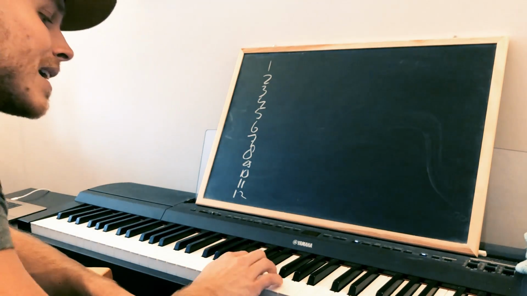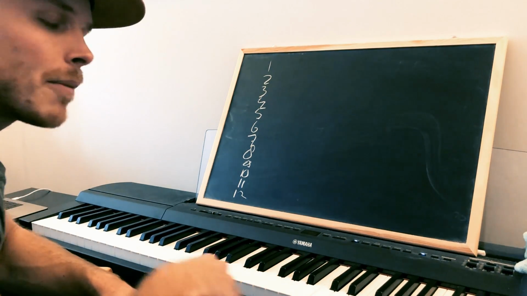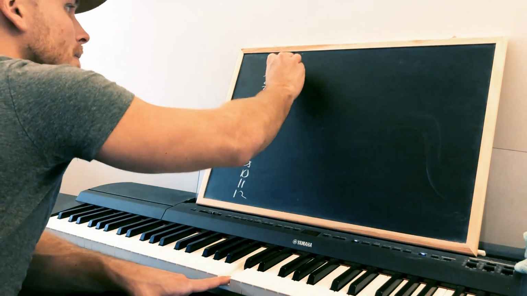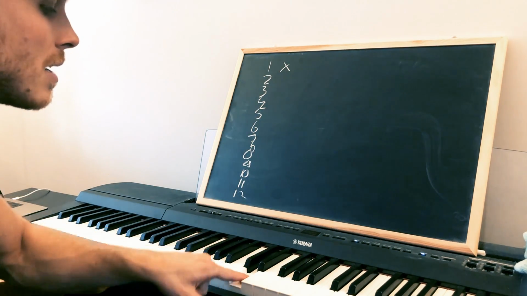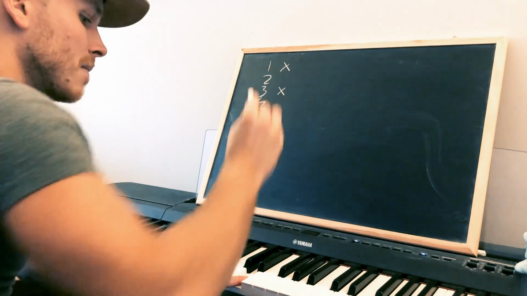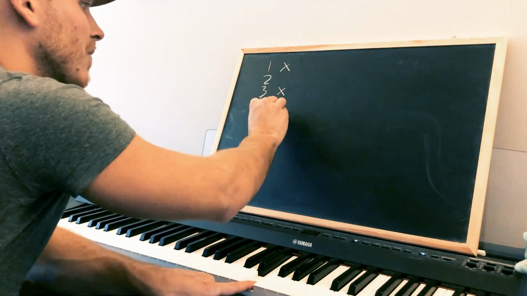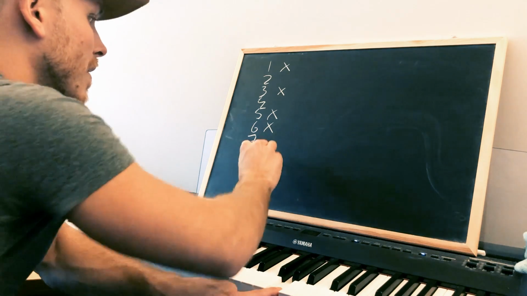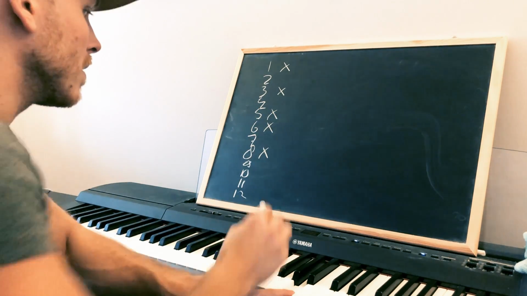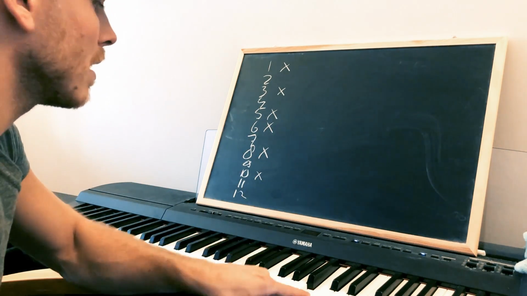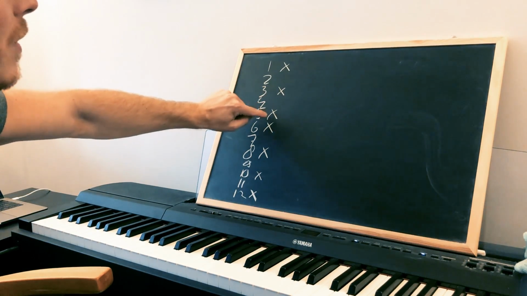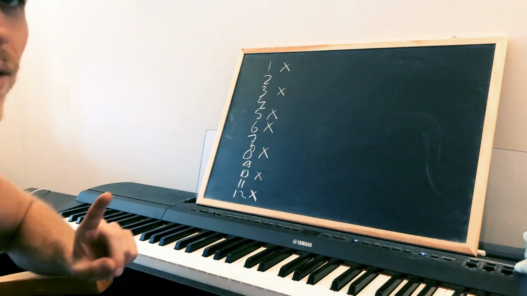However, if I play a scale, I'm only playing 7 notes. I'm playing the first one, not this one, the third one, not this one, the fifth one, the sixth one, the 8th, the 10th, and the 12th. So I'm playing 1, 2, 3, 4, 5, 6, 7 notes only.